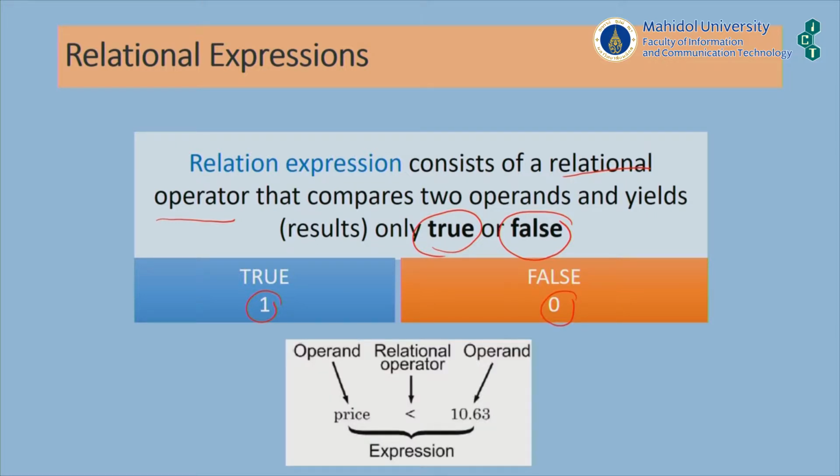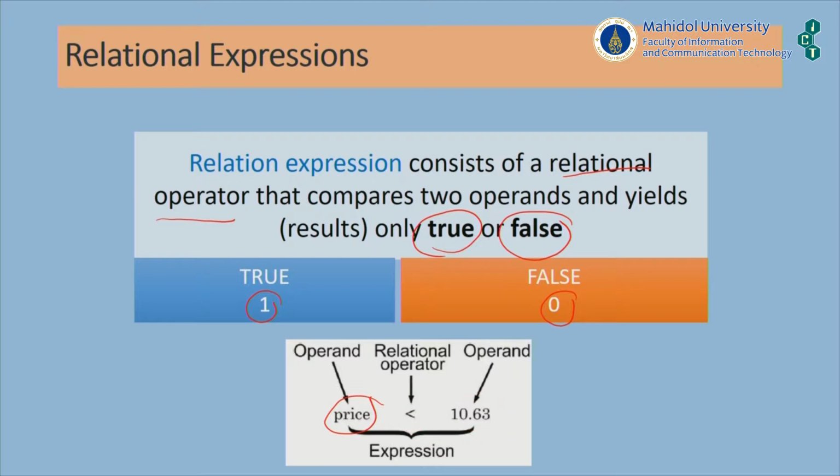Look at this example. Price is the operand and 10.63 is another operand here, and you have the relational operator in the middle. So you're now comparing.